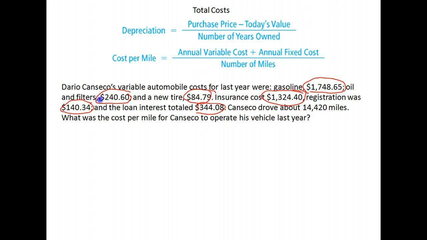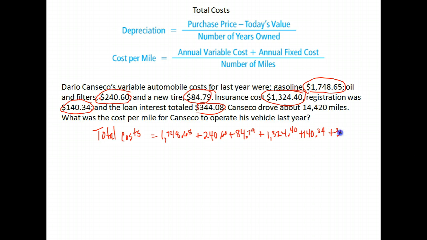So again, we need to total the costs. So we just put them all down and add them together. Make sure you get them all. Sometimes when there's that many numbers, it's easy to overlook one. That is a lot of numbers. Okay, but let's go ahead and total those.